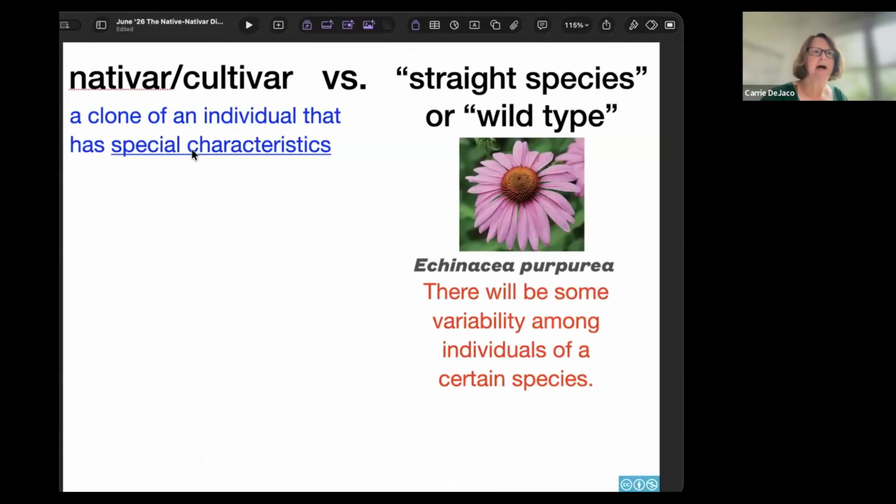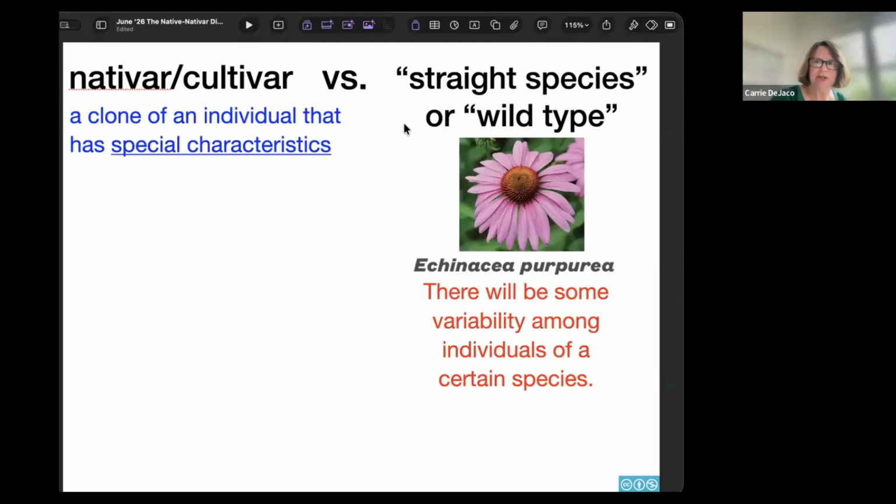All right, so the terms nativar and cultivar, these are referring to clones of an individual plant of a species that they are breeding to have special characteristics. We might also hear the term straight species or wild type. So these terms are referring to plants that have not been selected for certain special characteristics.